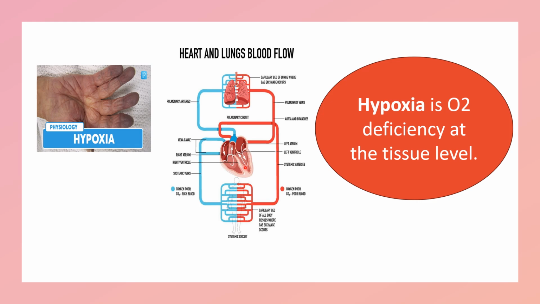Then it will depend upon the constriction of the blood vessels in the tissues, and it will also depend upon the oxygen carrying capacity of the blood, that is, how much is the dissolved oxygen, how much hemoglobin is present in the blood so that it can be carried to the tissues, and lastly the affinity of the hemoglobin to the oxygen. All these factors will contribute to how much oxygen will be delivered to the peripheral tissue. So the hypoxia will depend upon all these factors.